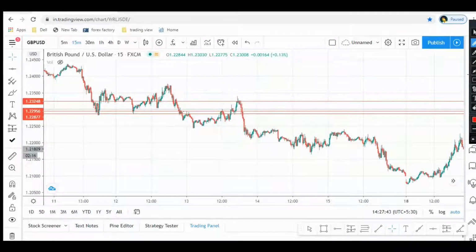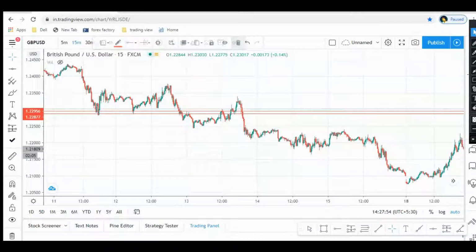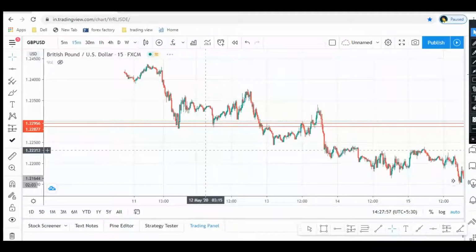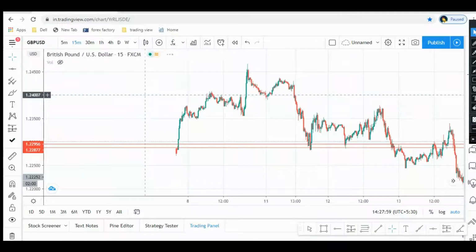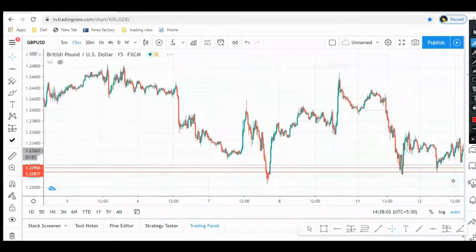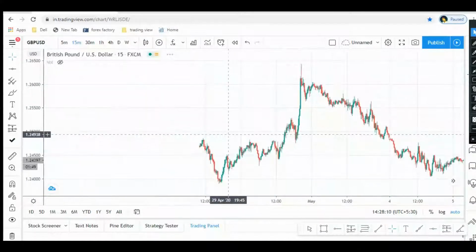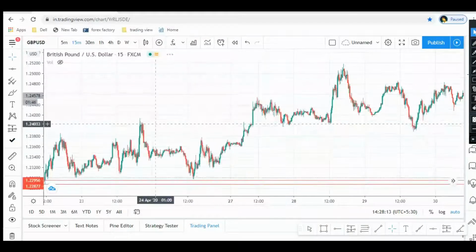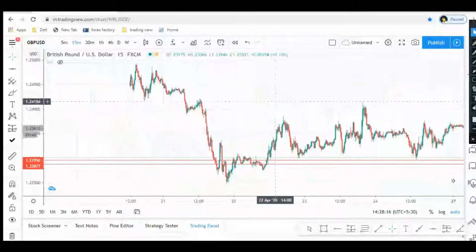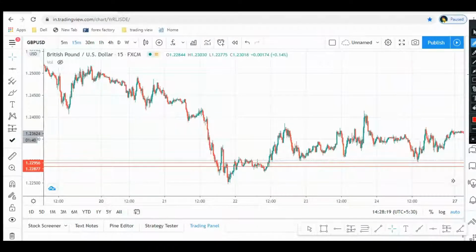These two areas acted as resistance, and these two areas acted as support. And this place also acted as a resistance, which I already marked previously. So I will simply delete this one and go back. This area acted as a support, so I will go back more. Price has reacted at this particular area.